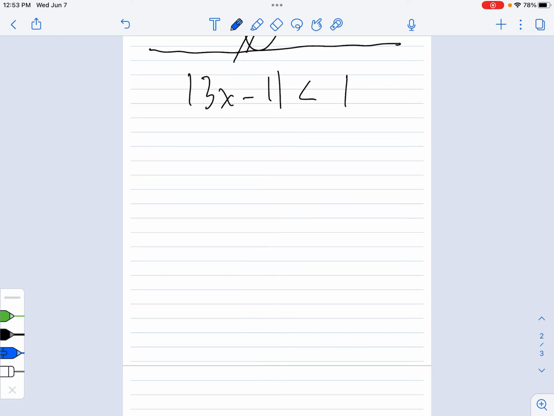And now that you have your absolute value isolated and you have the inequality with a number on the other side, what you want to do is use this idea.